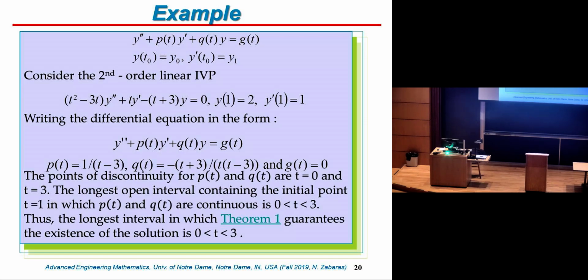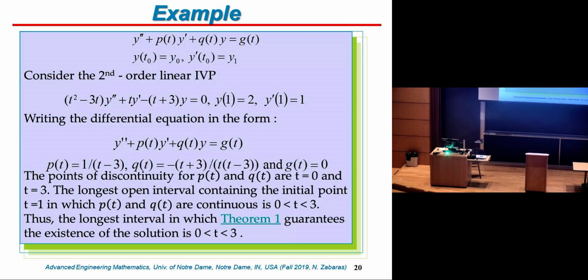You remember what we need to show is that there is an open interval that contains time t equal to 1, where these functions are continuous. Can you tell me one such open interval? Uh, 0 to 3, okay. And I'm assuming 0 to 3, not including 0 and 3.